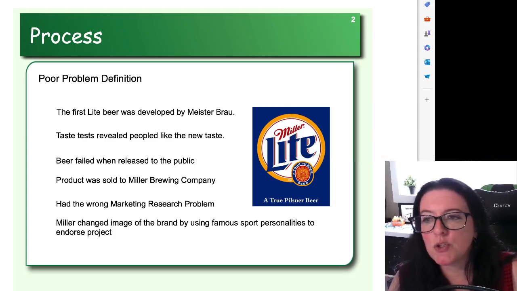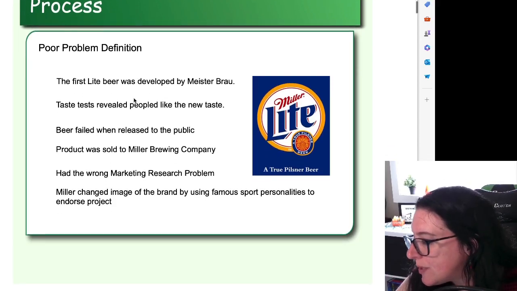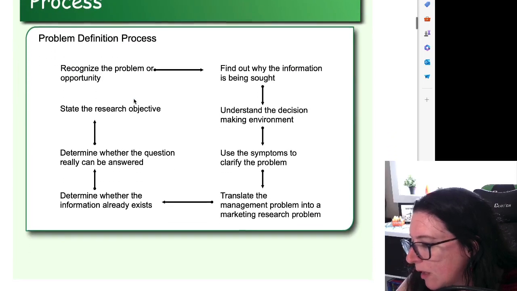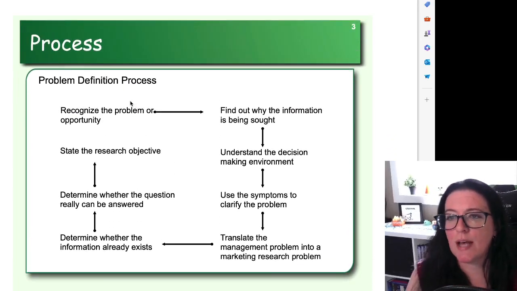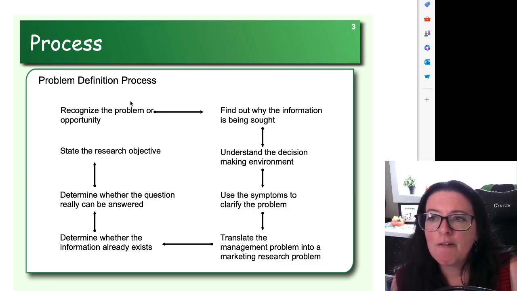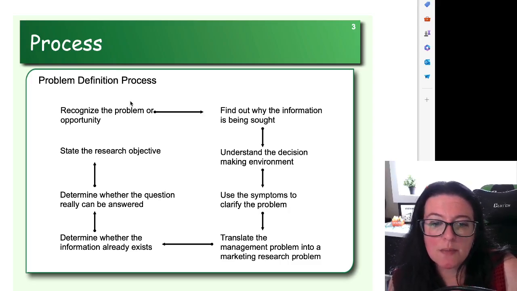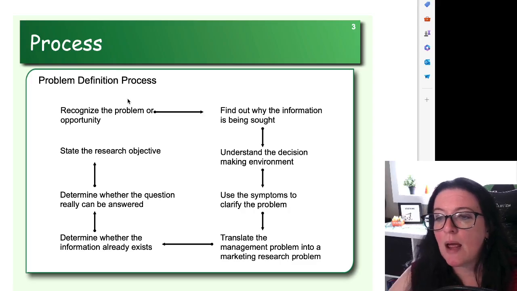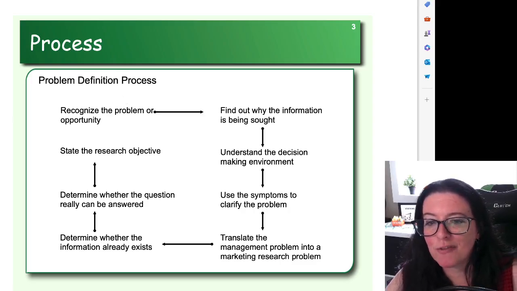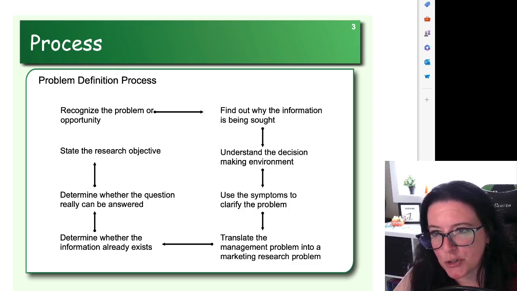So we need to make sure we properly frame the research problem. What is it we actually need to know to make a decision? The problem definition process starts with recognizing the issues or opportunities, finding out why that information is being sought. So again, as we talked about in a previous video, sometimes those who are asking for the information don't have a clear understanding as to the underlying issue.